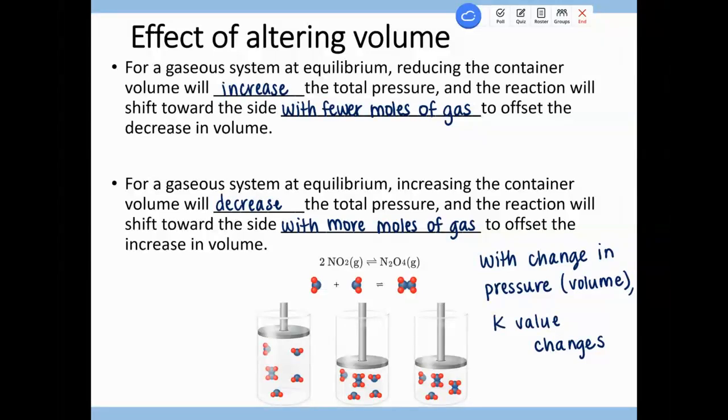So when you're ready, go to the next slide. We have two reactions. For those two reactions, describe how each will shift with a decrease in volume. Will they shift to the left, right, or neither?